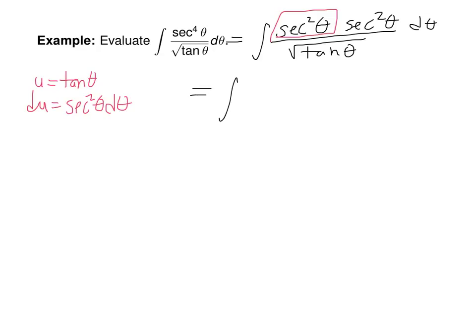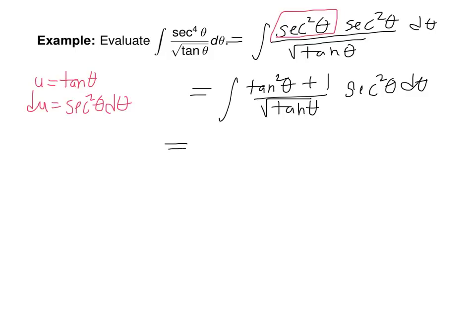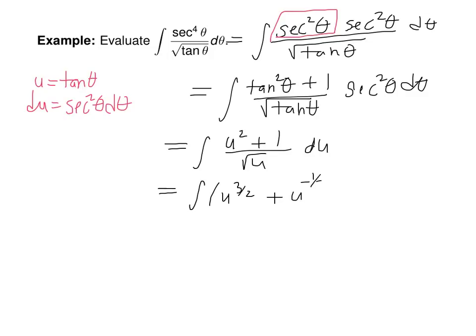So we have the integral of tangent squared theta plus 1 over root tan theta times secant squared of theta d theta. And now if we make our substitution, this gives us the integral of u squared plus 1 over root u du, or dividing both terms by root u and exponents subtract, we end up with u to the 3/2 plus u to the -1/2.